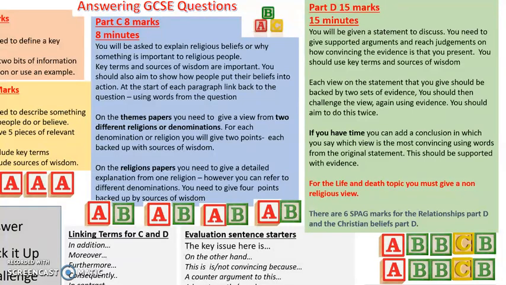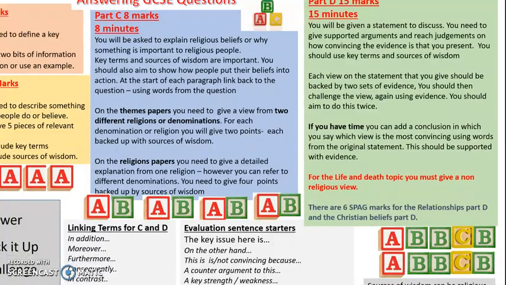Don't underestimate the importance of using key terms, showing off subject knowledge, and using sources of wisdom. So we advise you to take the following structure: make your point, which is A, back it up twice, which is B, and then challenge that view and back up your challenge.